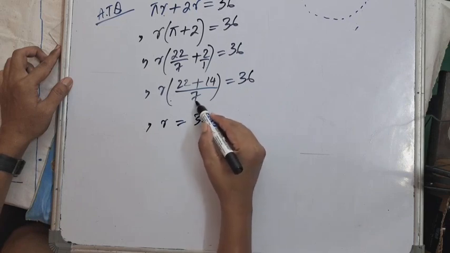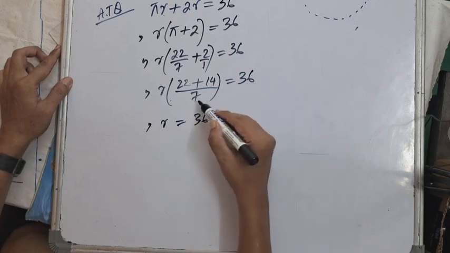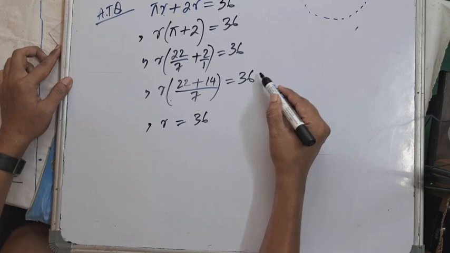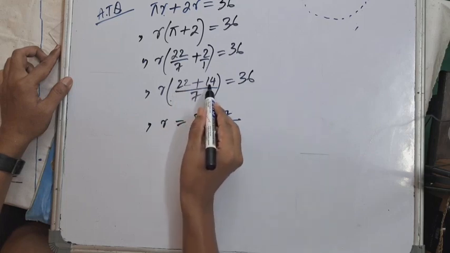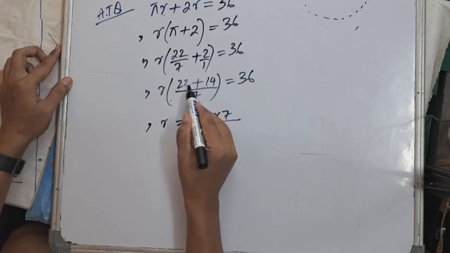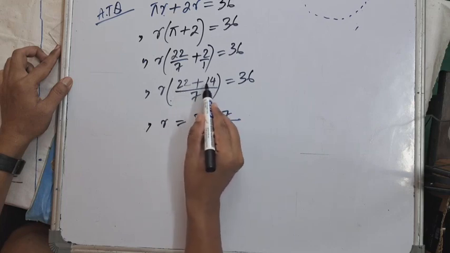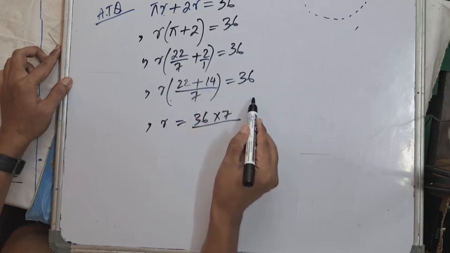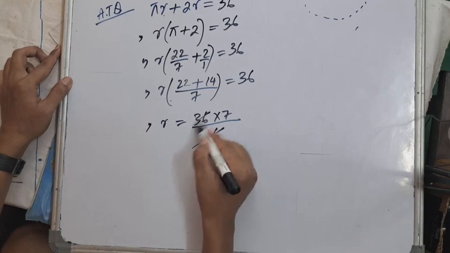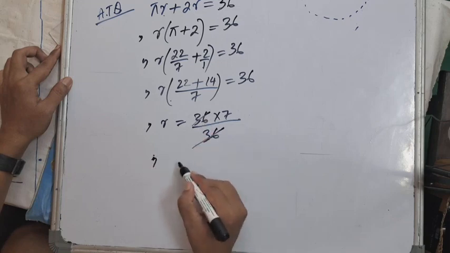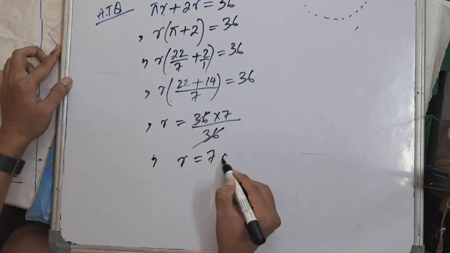Now we take this 7 to the right hand side by cross multiplication. 22 plus 14 is 36, so 36 will go to the denominator. This 36 and this 36 cancel out. So we got radius equal to 7 centimeter.